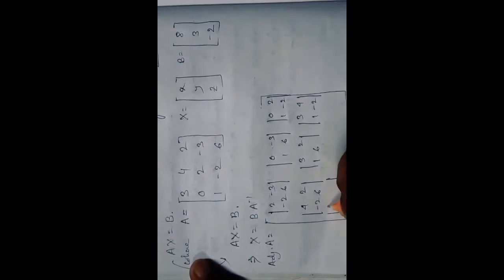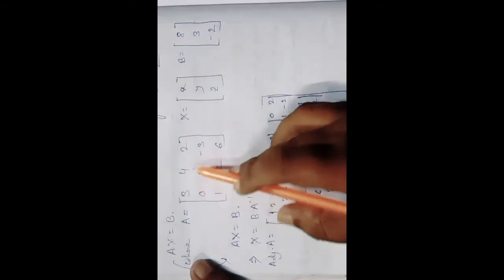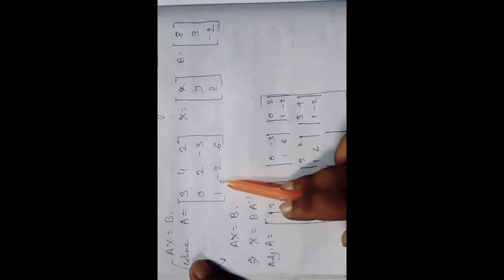Then 4 2, 2 minus 3; 3 2, 0 minus 3; 3 4, 0 2. This is the minor of the corresponding elements of the given matrix. Next we have to take the transpose of this.